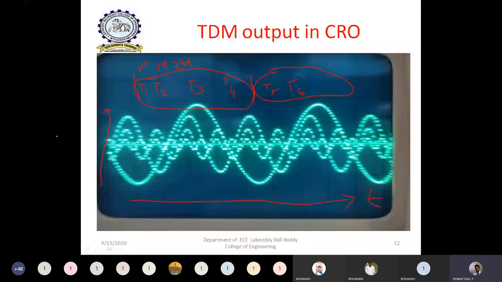That's how a number of signals can be multiplexed on a time-shared basis. Here we are taking only 4 signals, but like that, we can take 100 signals. All those 100 signals are multiplexed on this time-shared basis, as I explained here.